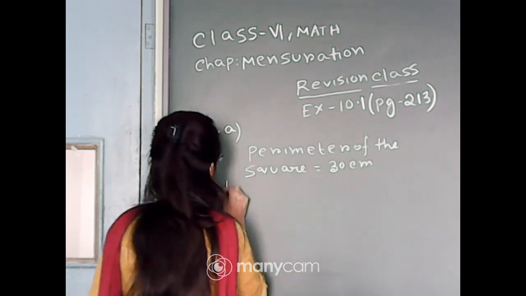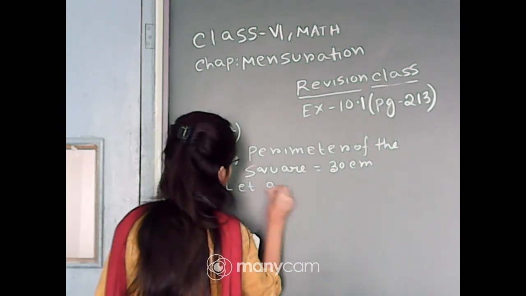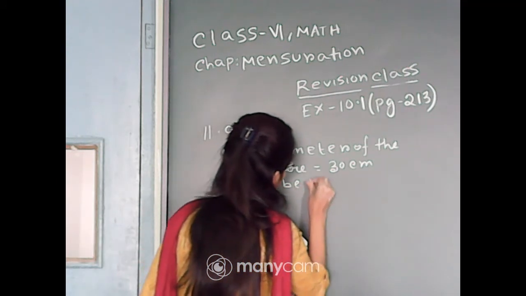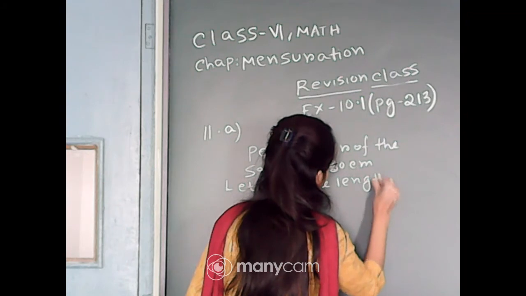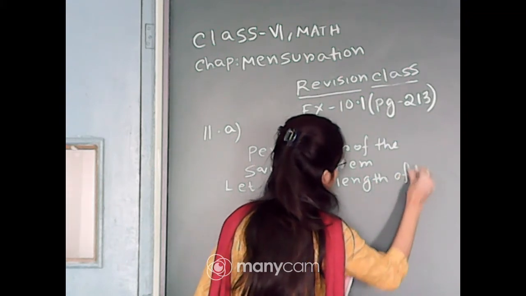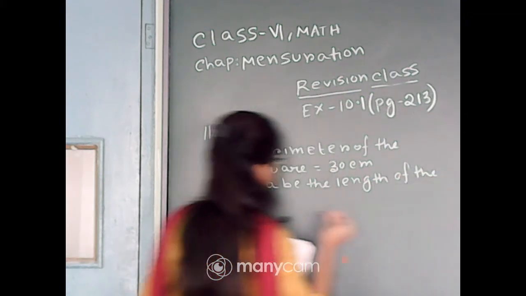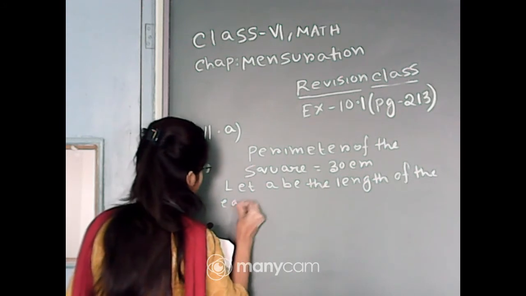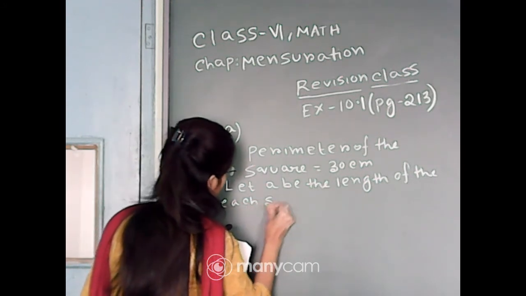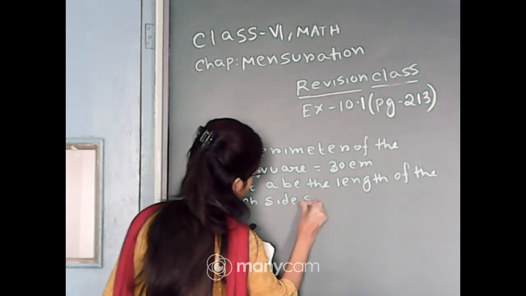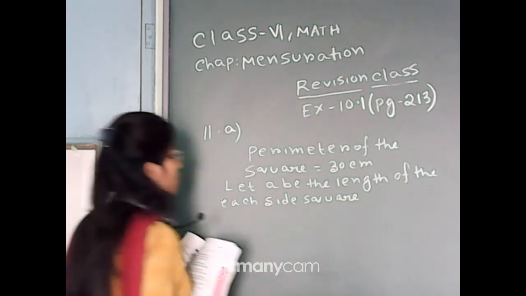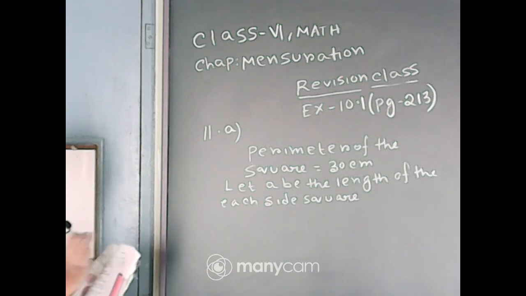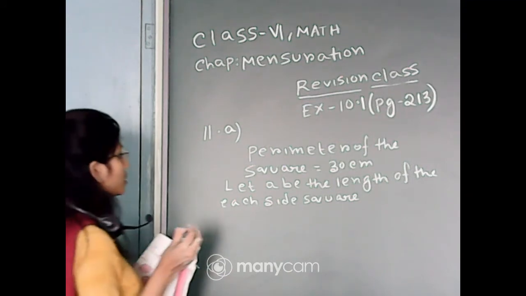Let a be the length of each side of the square.